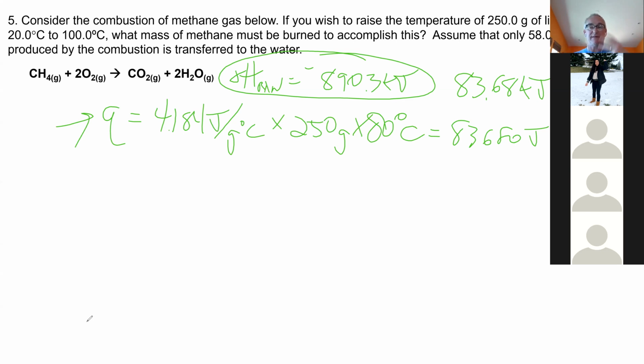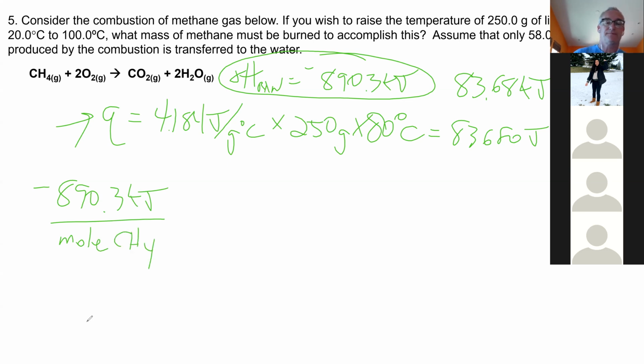That's the key, because then I can compare my heat to people around the world, and we should all get the same number. So that means minus 890.3 kilojoules per mole of CH4. That's what that means.